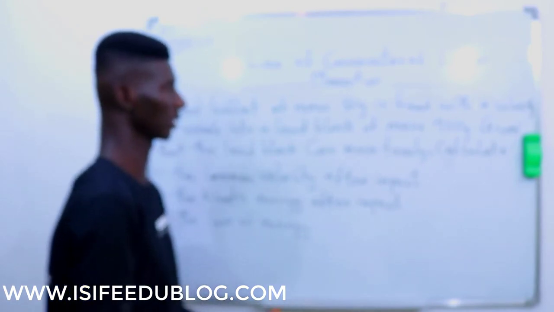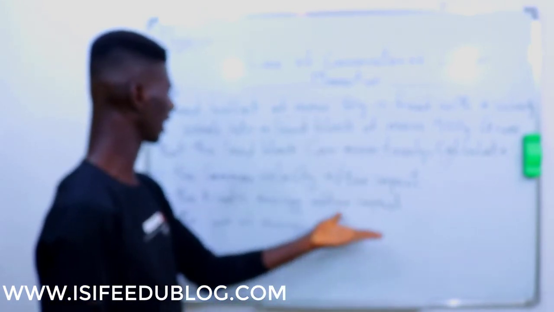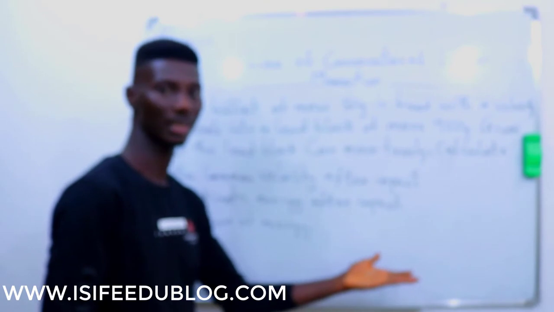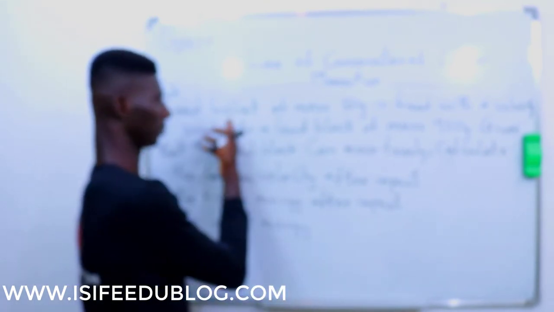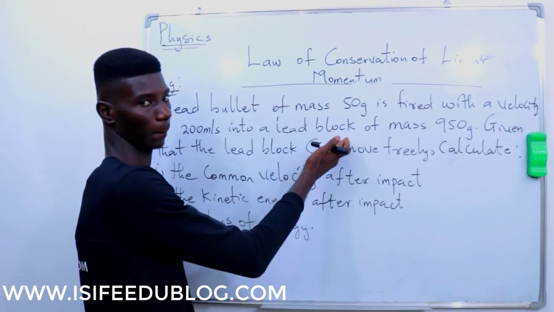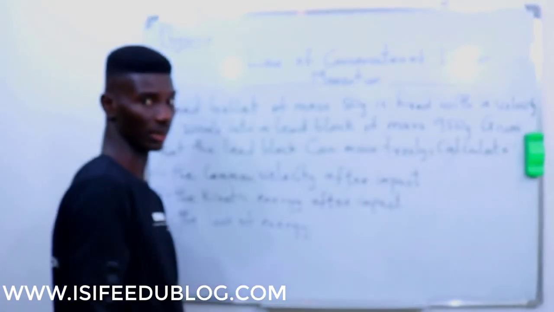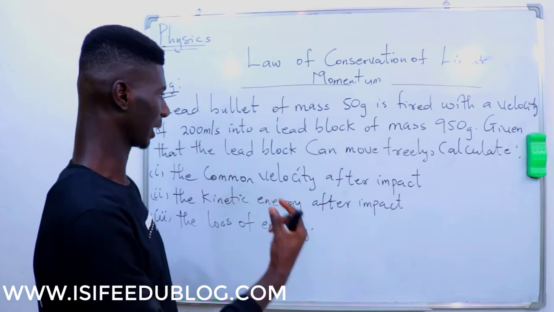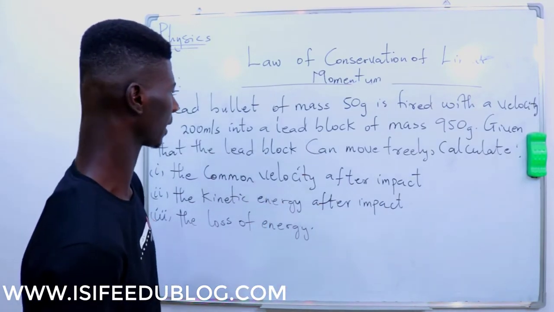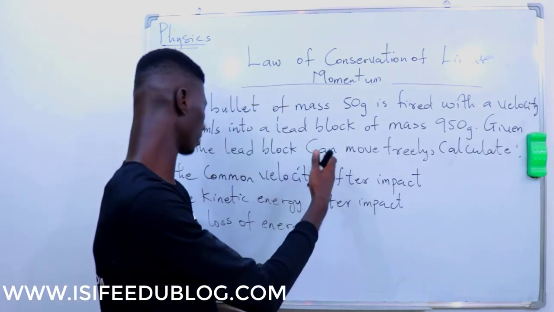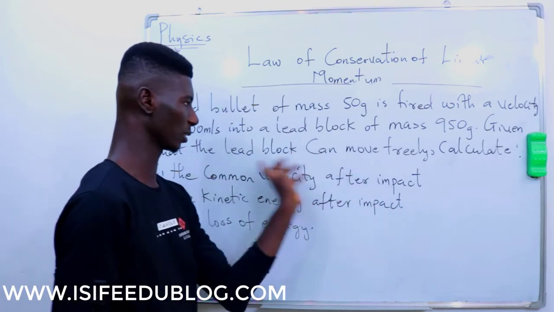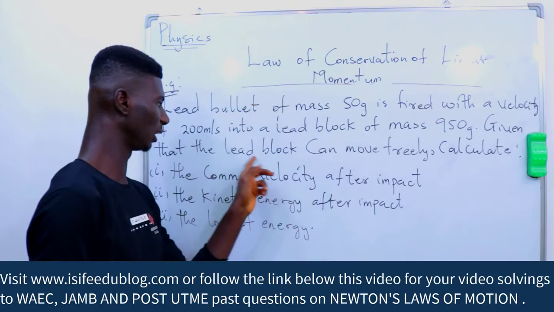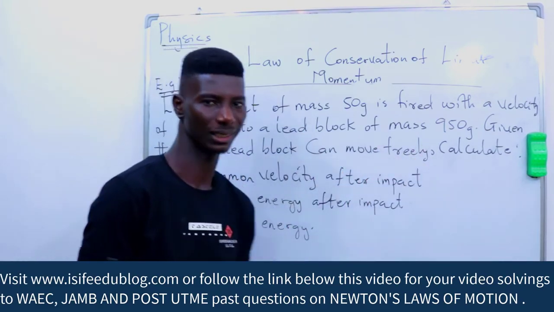So first of all, before we start solving this, I think this is referring to the last case, which is the sixth case there. Now we are talking about a bullet and a block. So the block is stationary, it's not moving. Initially, that is before the collision, it wasn't moving, but we are now told here that after the collision it moved, given that the lead block can move freely.